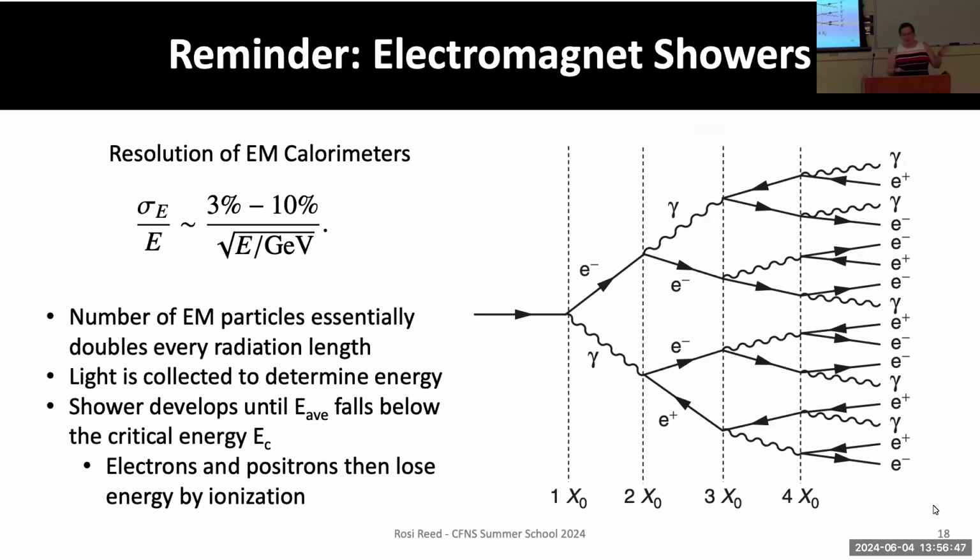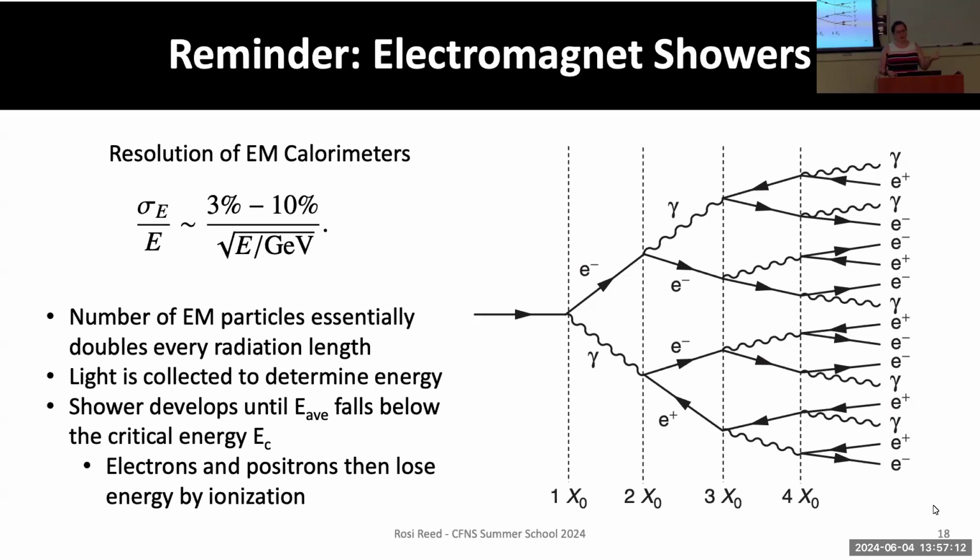So here's a reminder from yesterday. We talked a bit about electromagnetic showers. If you have an electron, it goes through material and will basically double every radiation length. Your electron emits a photon, that photon will produce an electron-positron pair, those can then emit photons, and so on. You have this doubling of the number of particles until they're absorbed, basically.